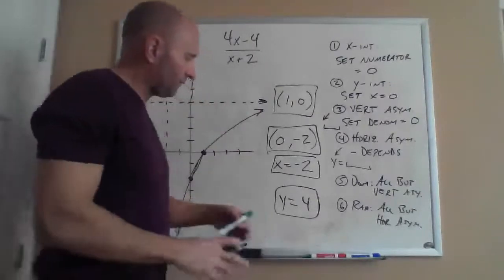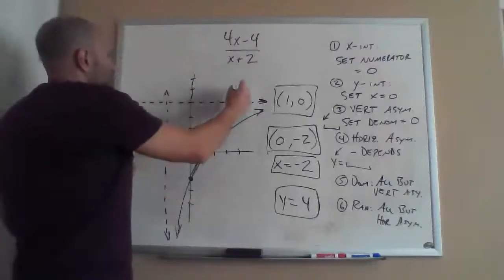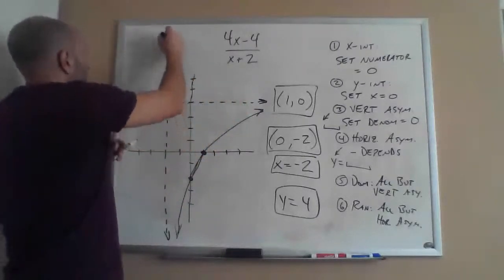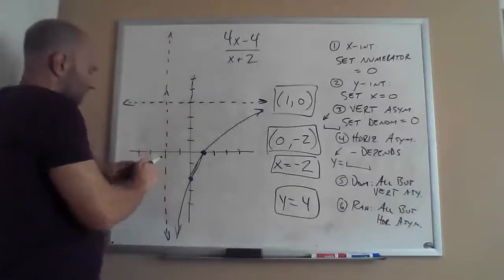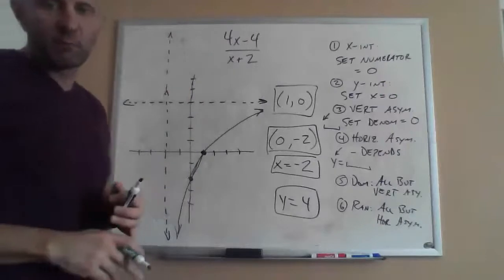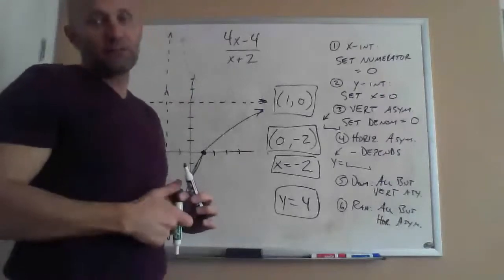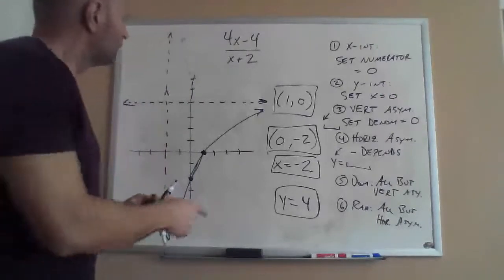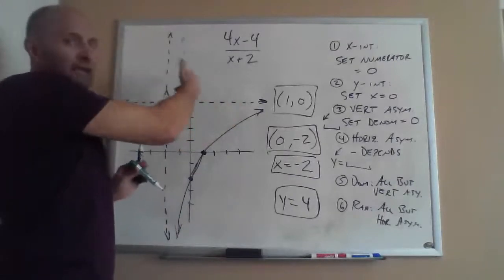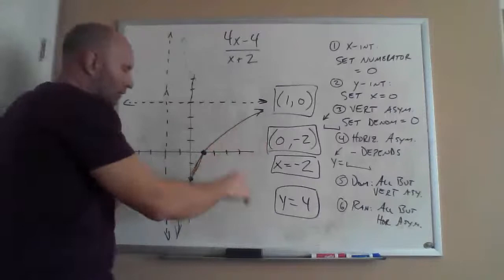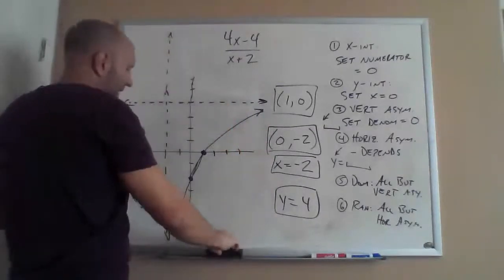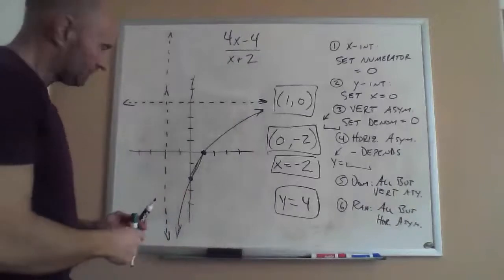Well, could I have part of this graph, if this asymptote keeps going on forever, could I have part of the curve in that upper right? And the answer is no. Why? Well, if I did, what's happening? This is hitting the y-axis, meaning I have another y-intercept. I don't have 2 y-intercepts. I only have 1. So the graph can't be up in that section there.